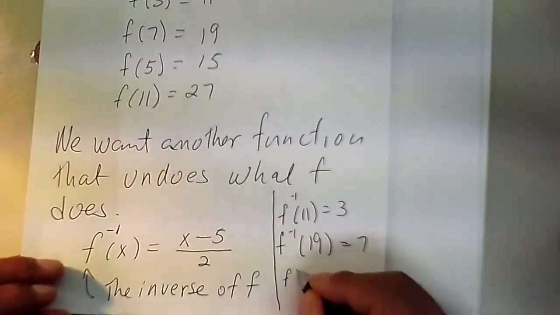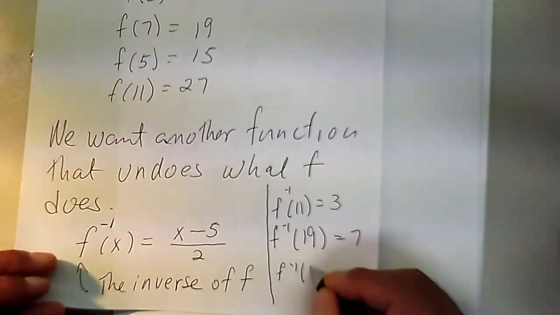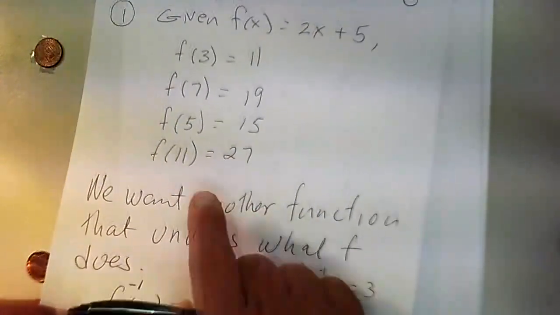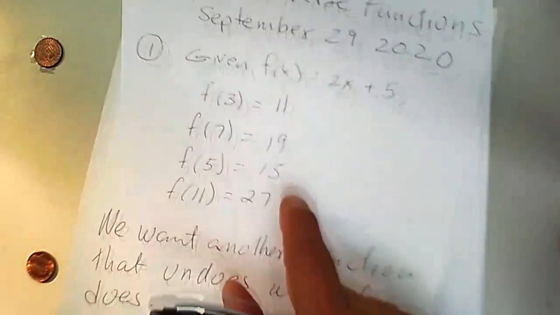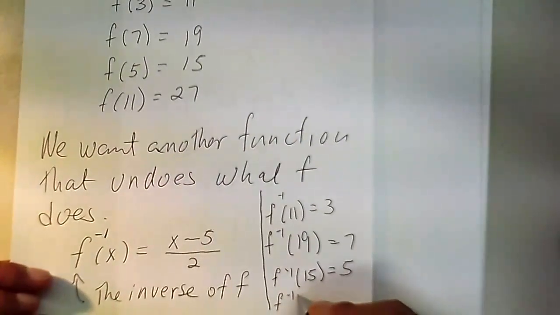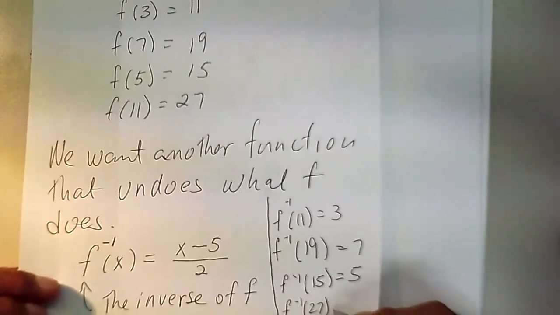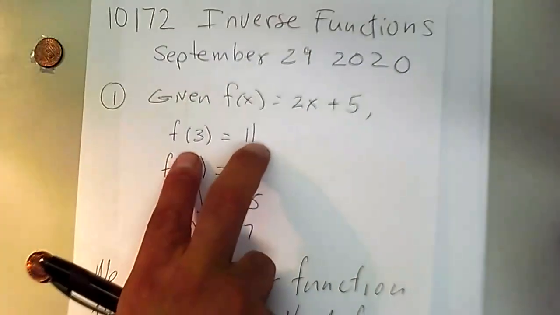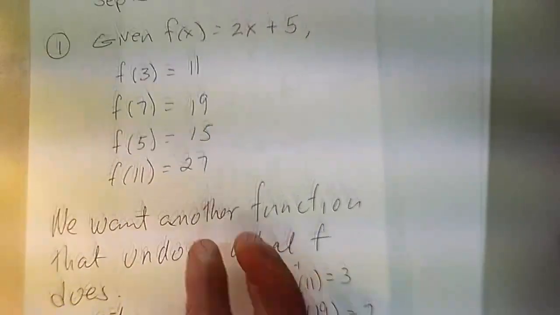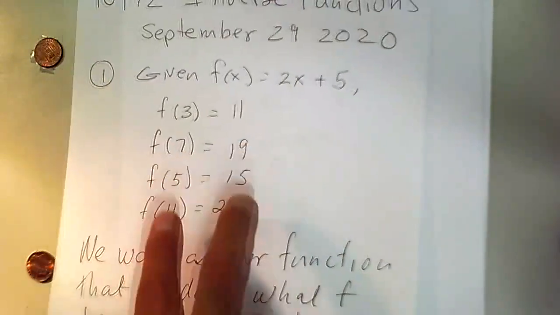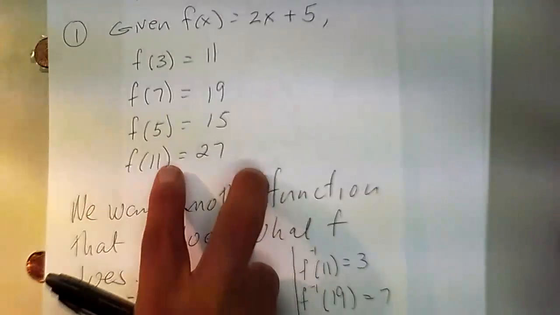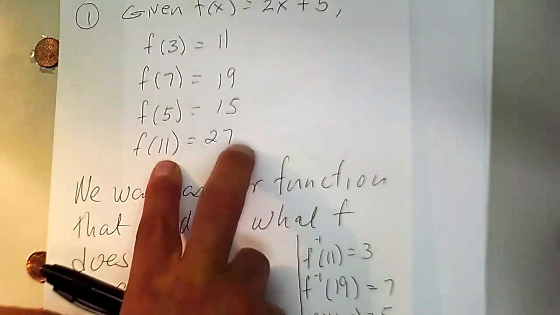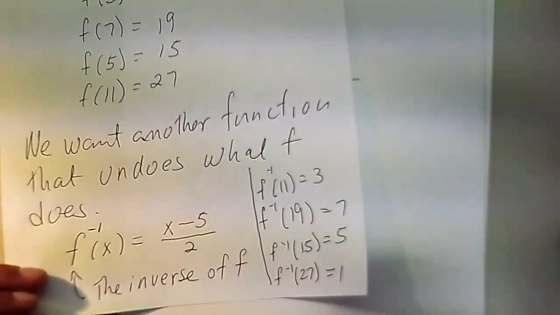The inverse function of 15 is 5. The inverse function, this particular function, of 27 is 11. So the inverse function reverses. We got 3, 11, 11, 3. 7, 19, 19, 7. 5, 15, 15, 5. 11, 27, 27, 11.